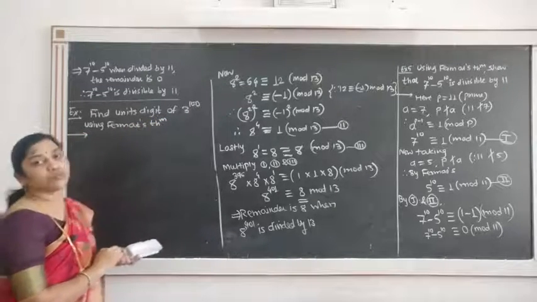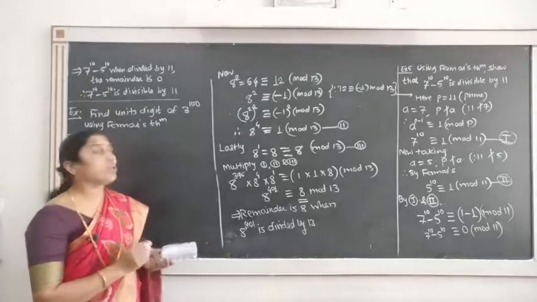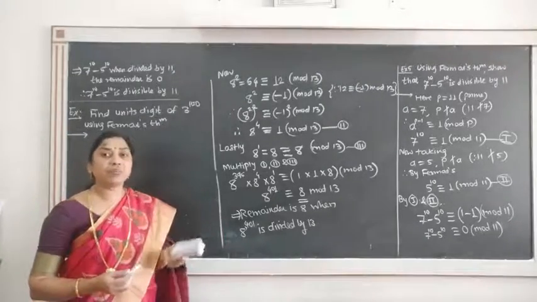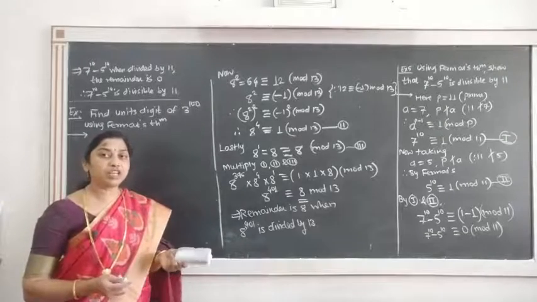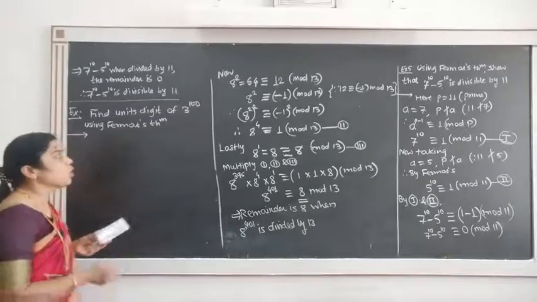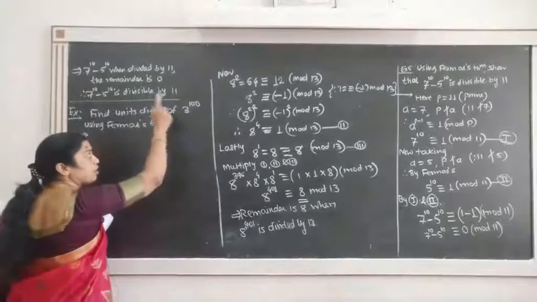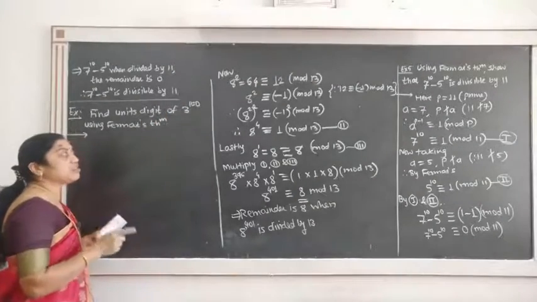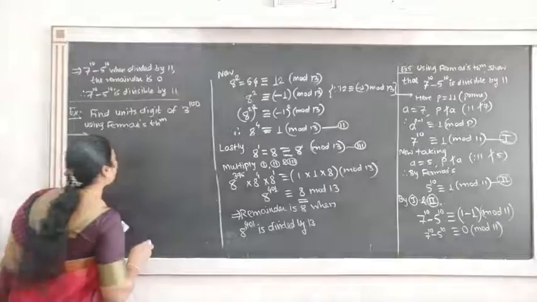So how do we get the units digit? When we divide 3 raised to 100 by 10, whatever may be the remainder, that will be the units digit of 3 raised to 100. So we want to find the remainder when 3 raised to 100 is divided by 10.